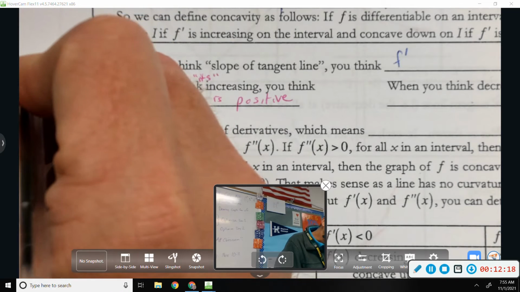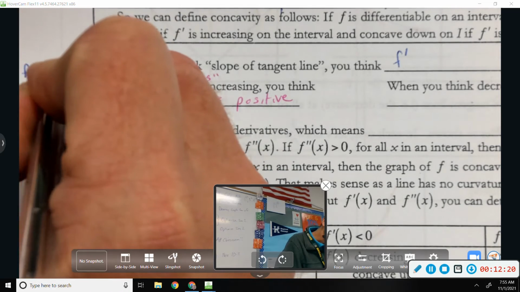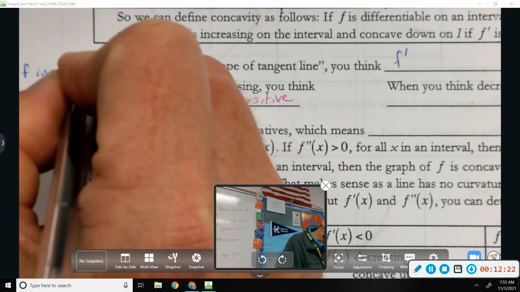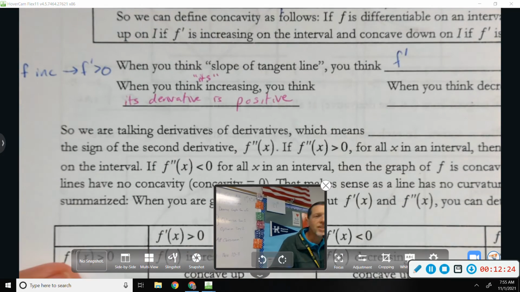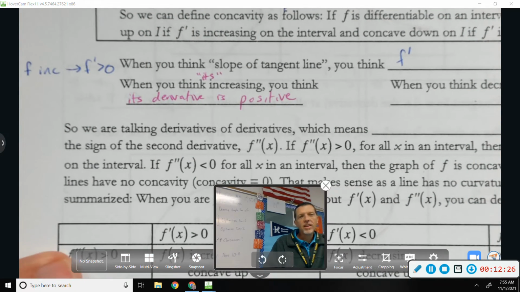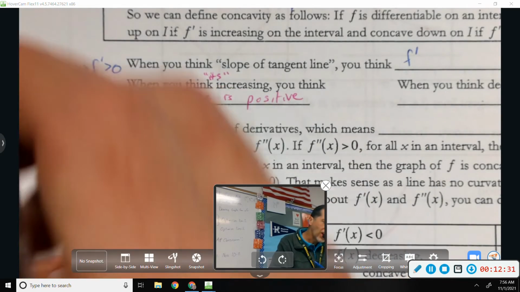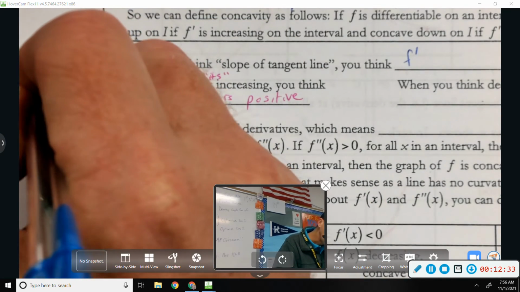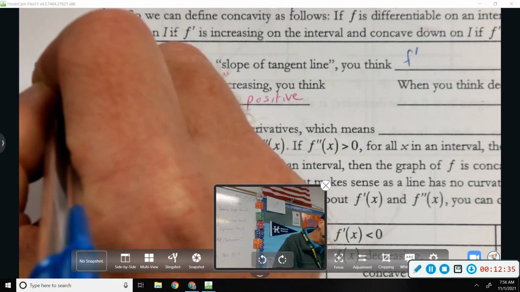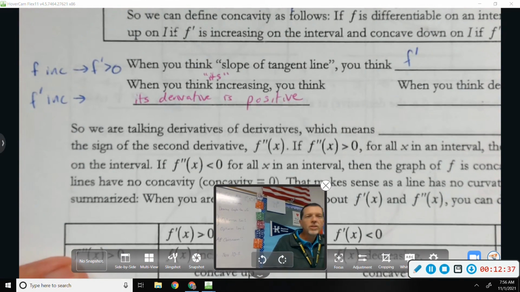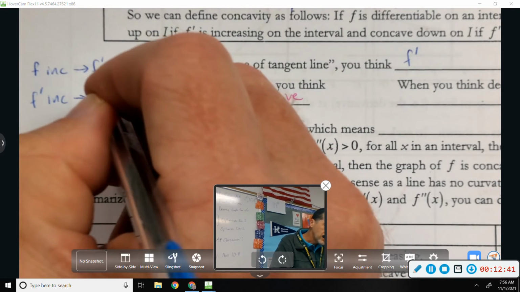So here's what I mean. If f is increasing, that means that f prime is positive. And this is why "its" is okay here, because we can stick multiple things in there. If f prime is increasing, what does that imply? F double prime is positive.